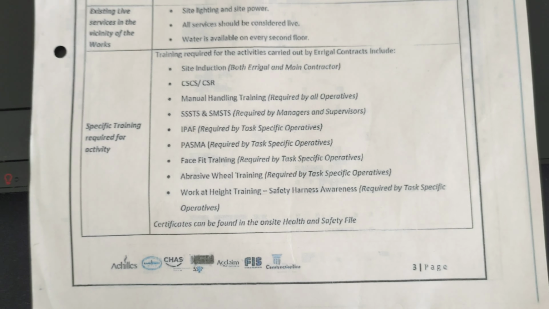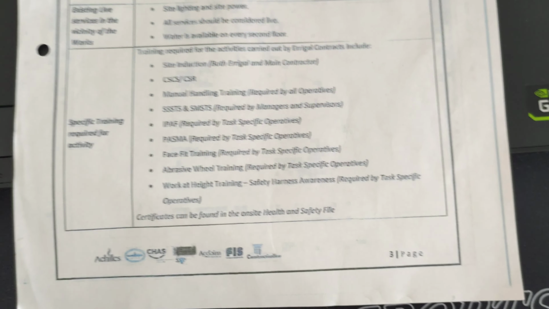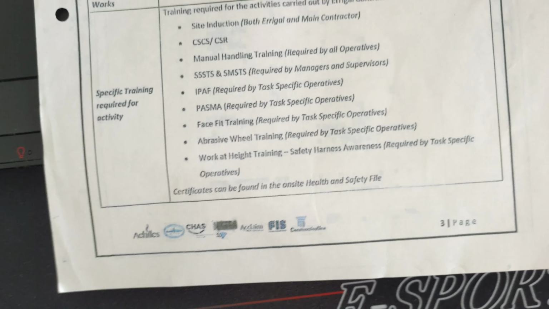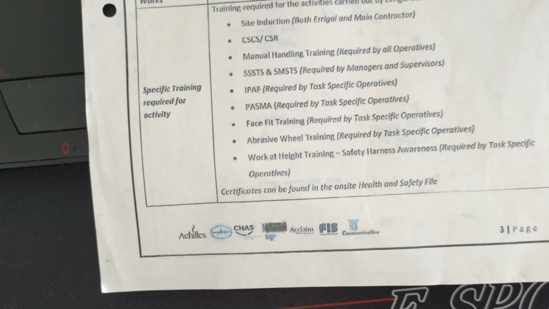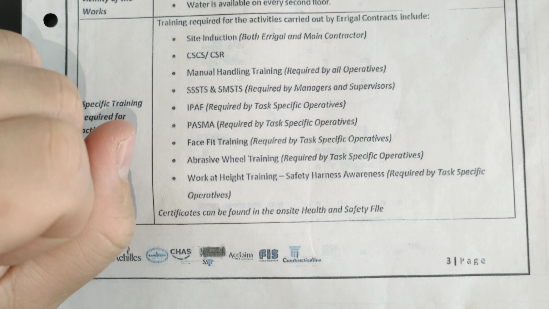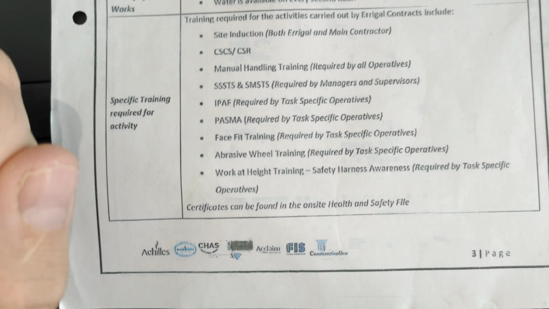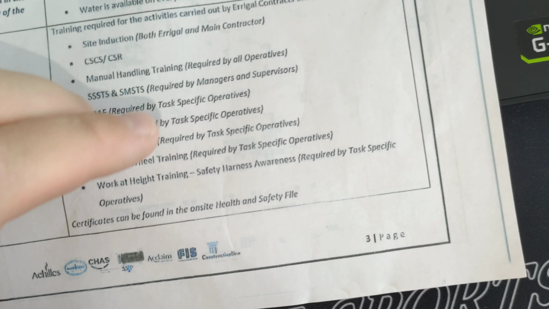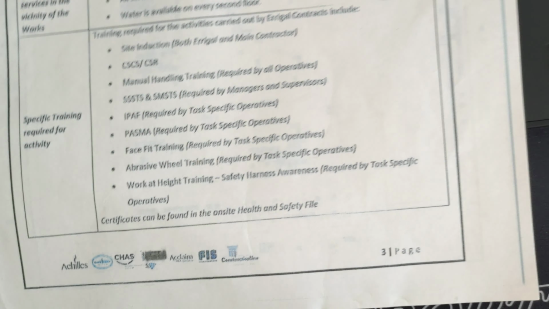It will teach you how to do it safely, for example to cut some ply or some metal with the circular saw. Okay, working at height training, safety harness awareness. This is for specific tasks, just for scaffolders, because we're not using safety harnesses.